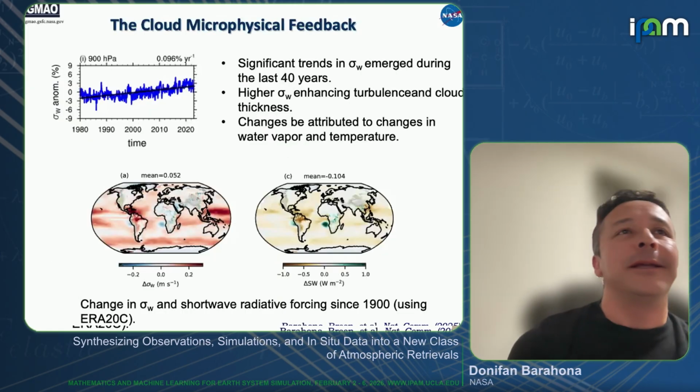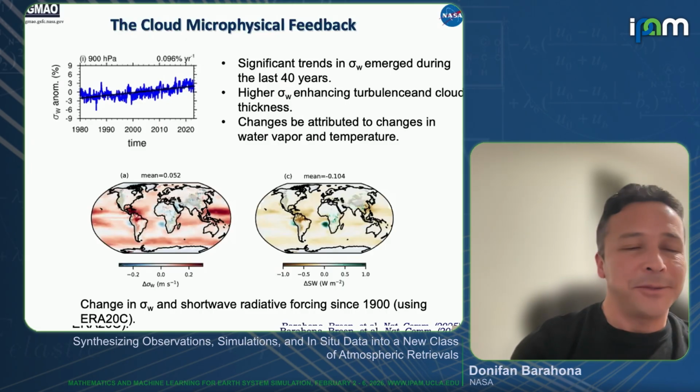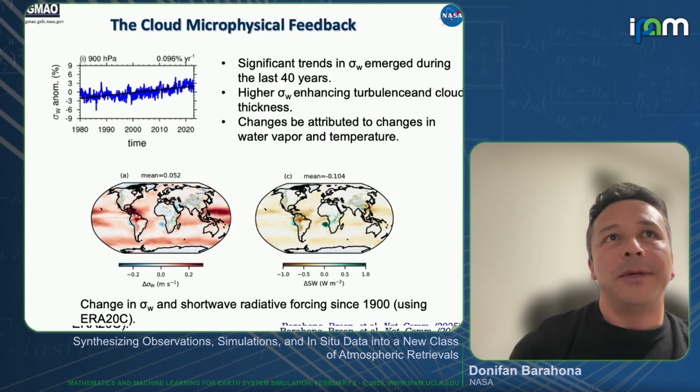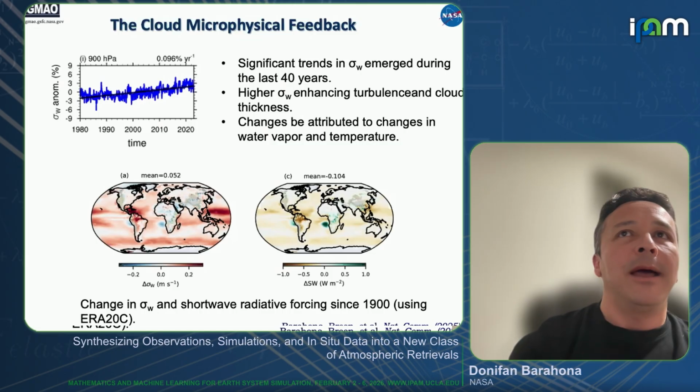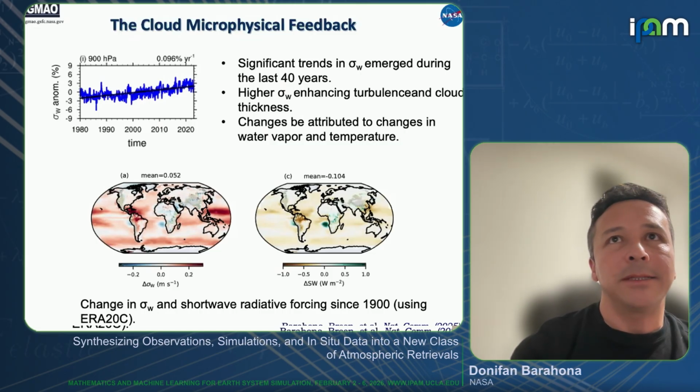And the next thing, since we trust this data a lot more now because we validated it, we went and looked for trends. And we found that almost everywhere, this sigma W variable has been increasing as told by the reanalysis. And there is a significant trend, at least that we have found, in the last 40 years.